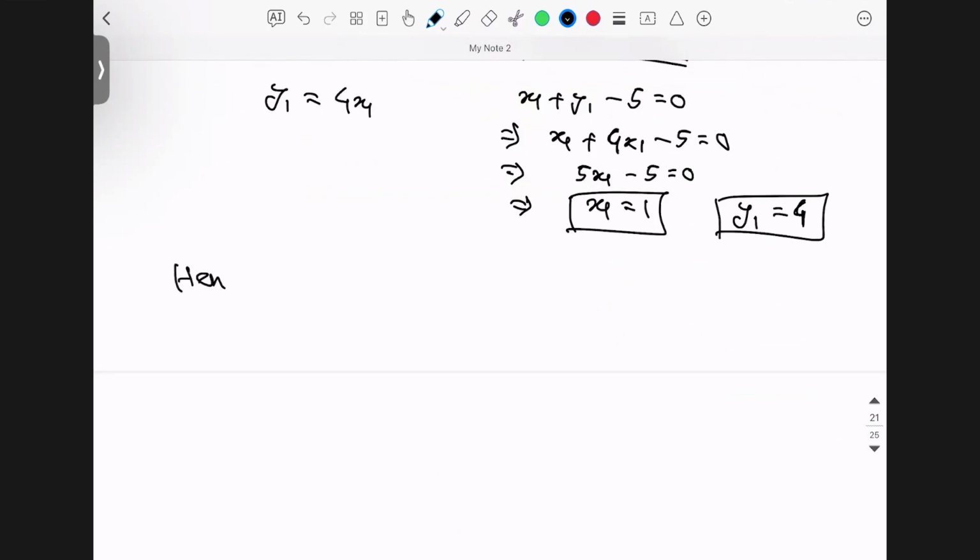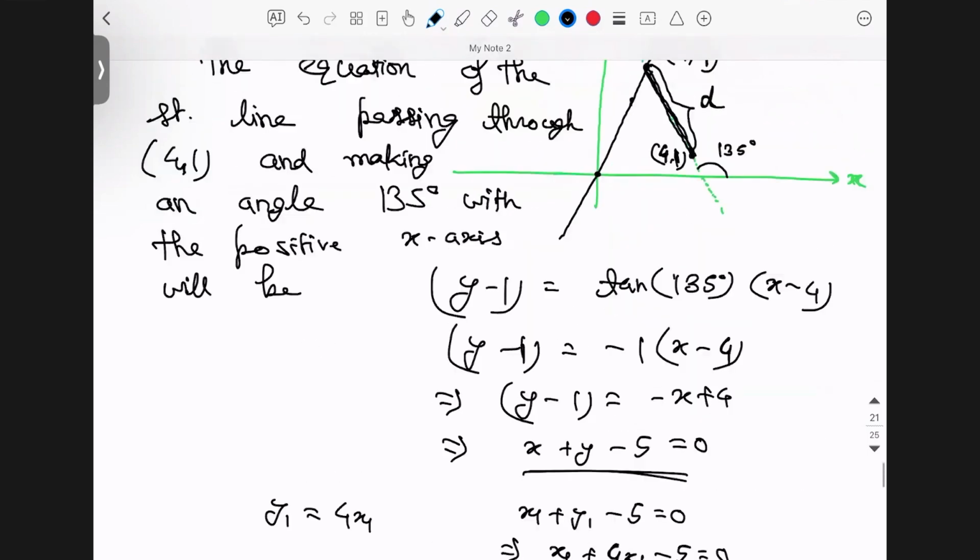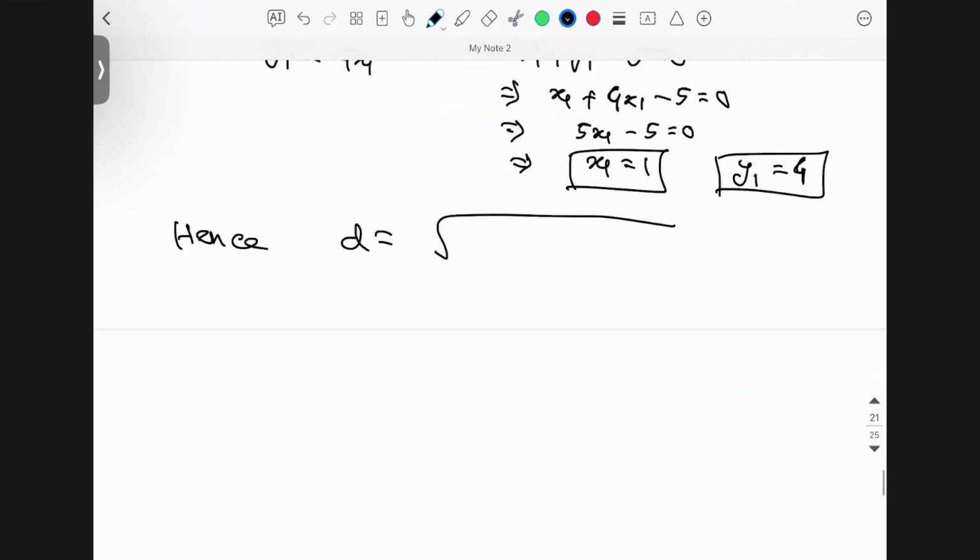Hence d equals the square root of (1 minus 4) whole square plus (4 minus 1) whole square. This ultimately gives us 3 root 2 units.